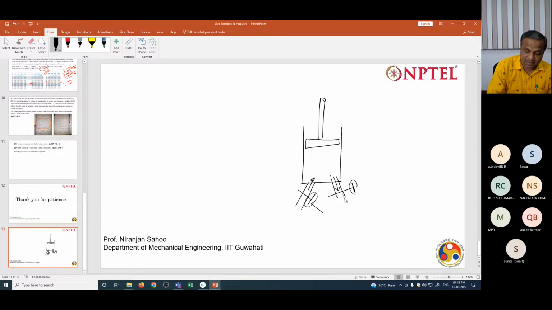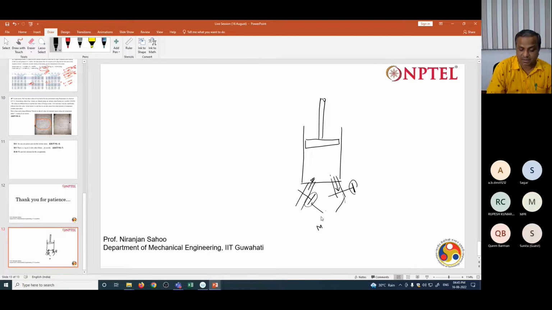So what does this valve do? The valve supplies the charge into the engine cylinder in a systematic manner. With respect to the IC engine, we call this a kind of mushroom valve, which simply opens in a sequential manner.